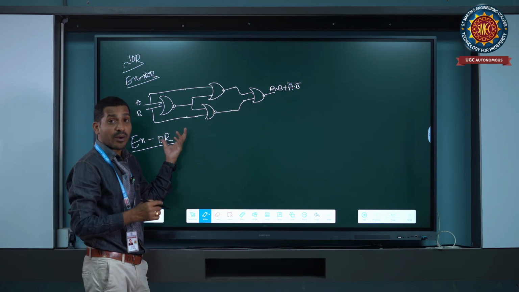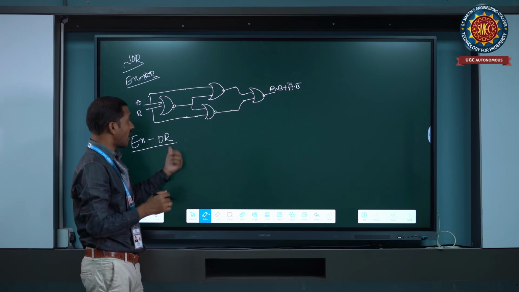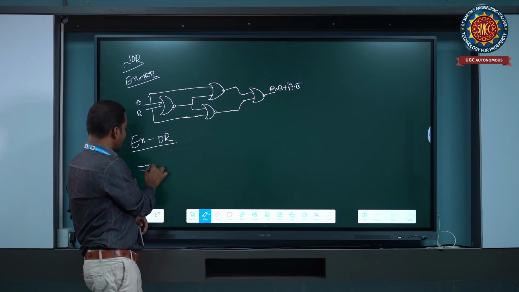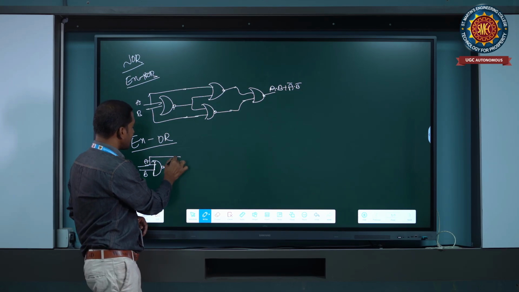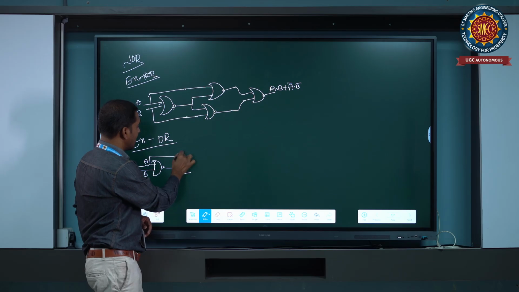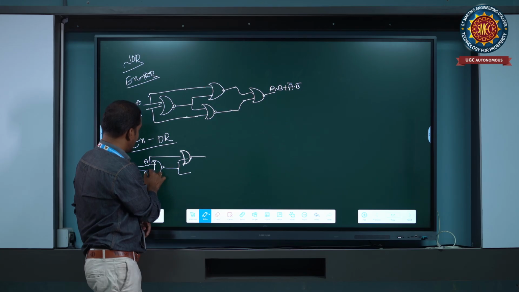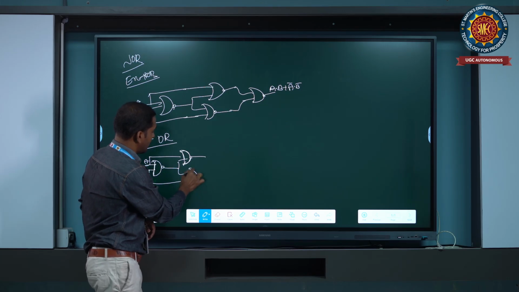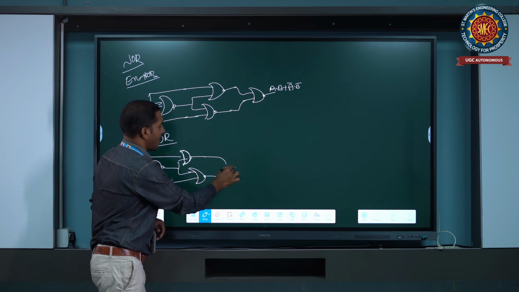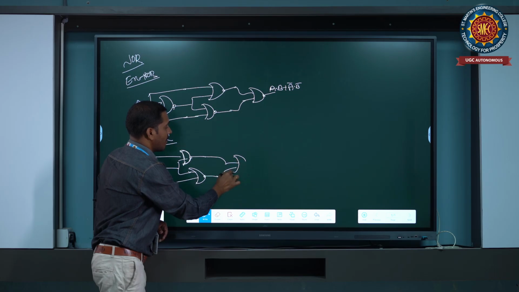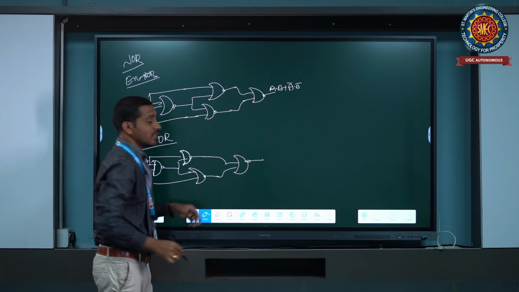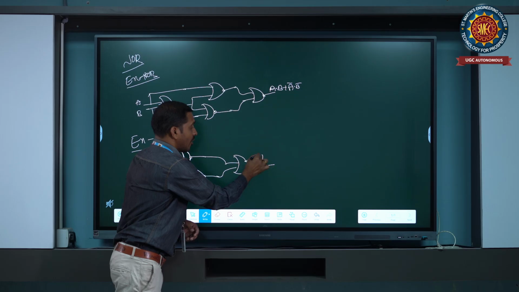You are using 5 NOR gates, realizing the XOR gate. A and B are the inputs. The final output will give the single NOR gate.